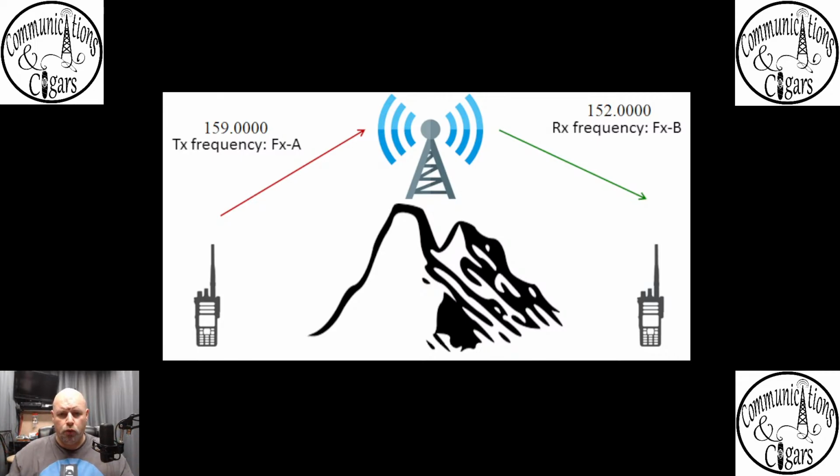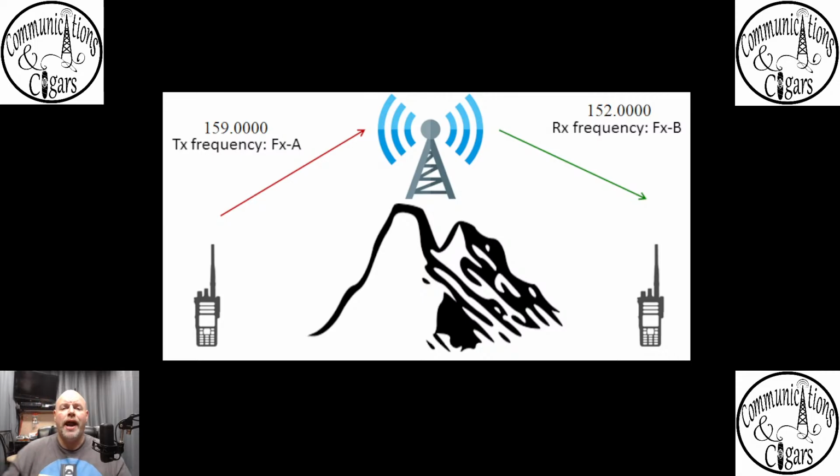This is how repeaters work day in and day out. Your simple conventional repeater. And I don't care if it's VHF, UHF, digital, analog. This is just one frequency in, one frequency out. Once again, we're not talking about trunking. We're not talking about linked systems, anything like that. It's just a simple standalone repeater.